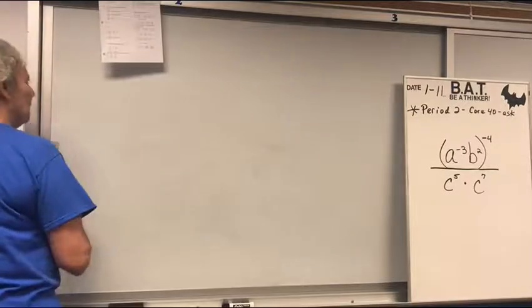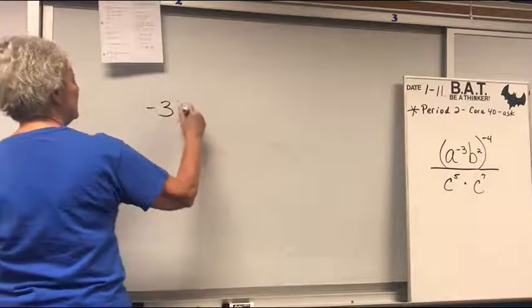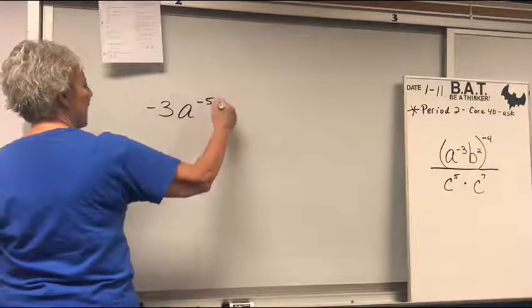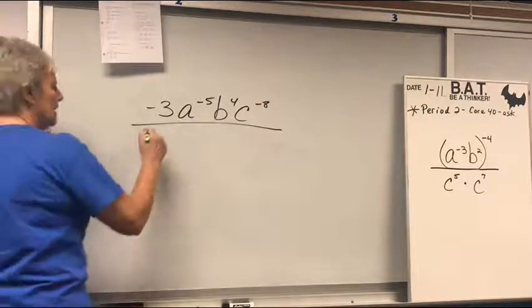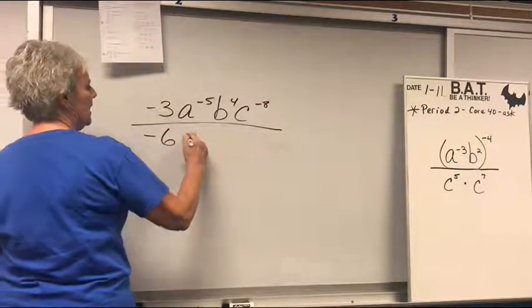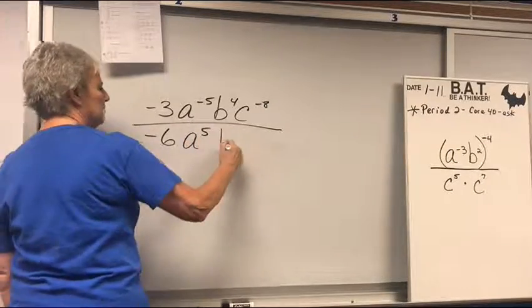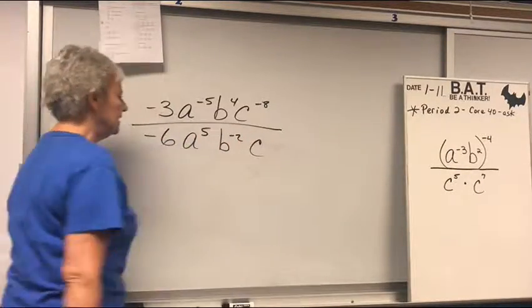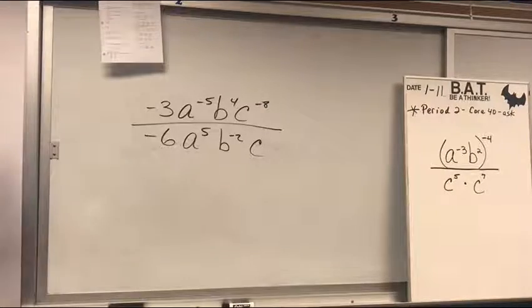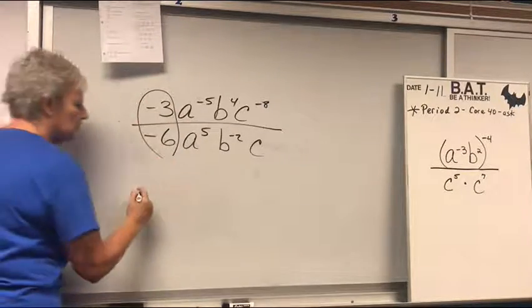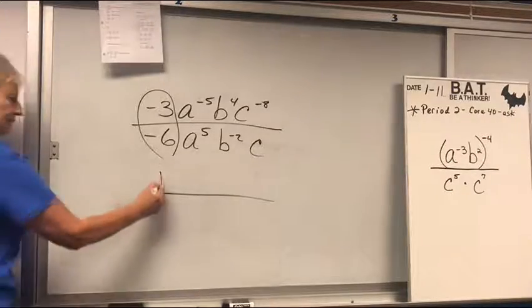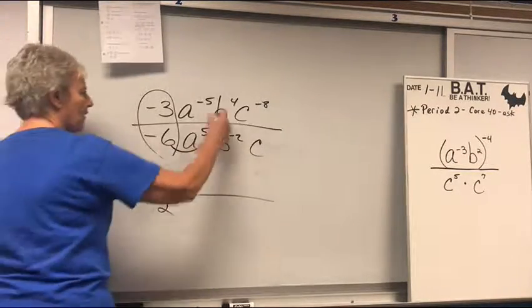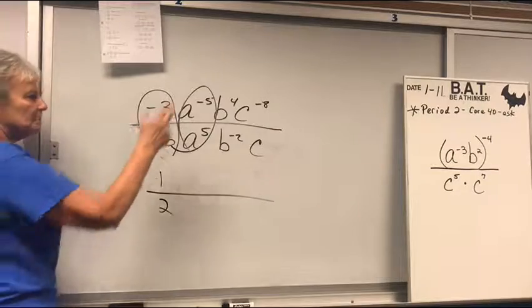Example, negative 3, a to the negative 5, b to the 4th, c to the negative 8, over negative 6, a to the 5th, b to the negative 2nd, c. First thing you should do is look at the numbers and see if you can reduce them. Can you? Yes. What's the answer? 1/2. All right. Now, do the moving.